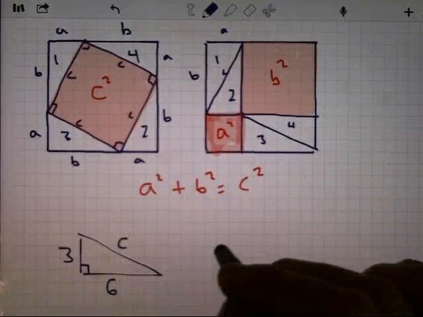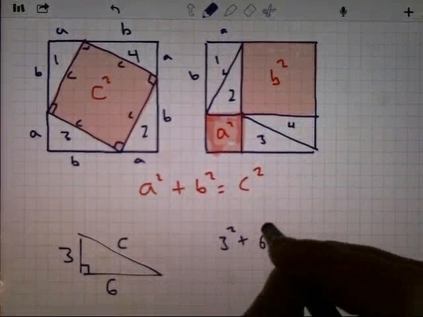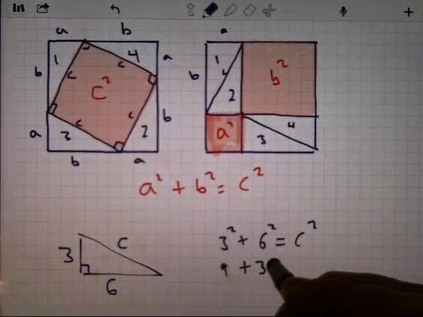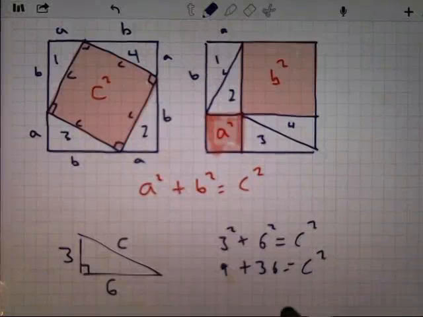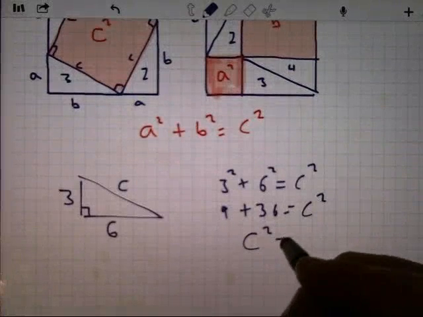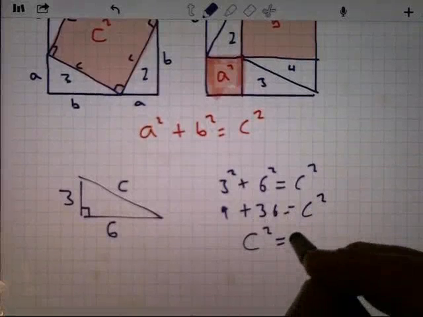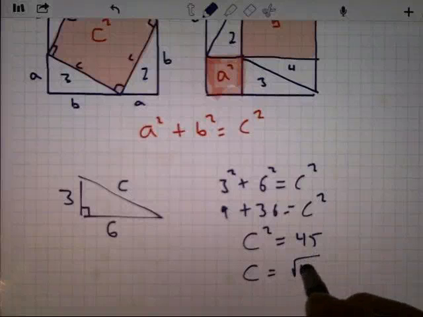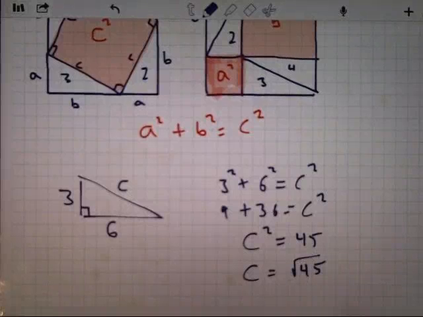We'll call it C. 3 squared plus 6 squared has to equal C squared. So that's 9 plus 36 has to equal C squared. It tells me that C squared is 9 plus 36 is 45. And so C must be the square root of 45, whatever that is. Okay. You may be able to simplify that.